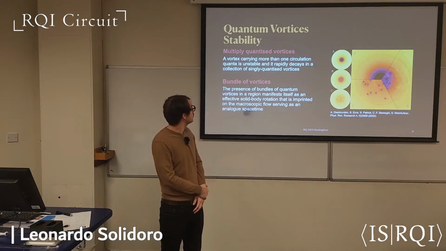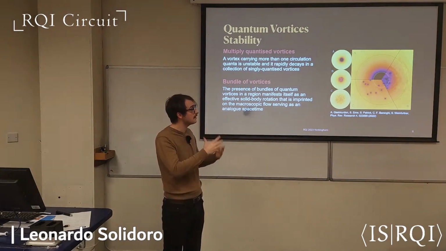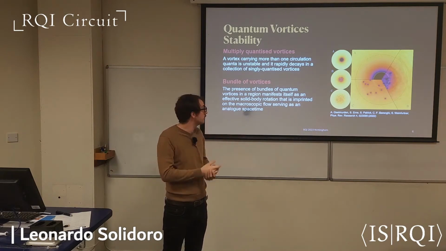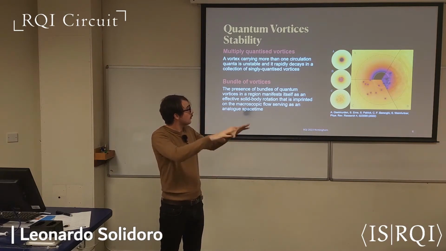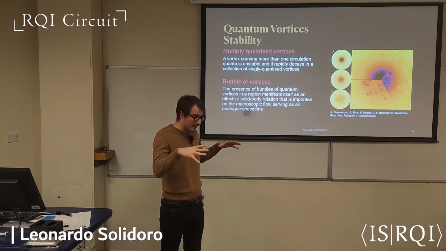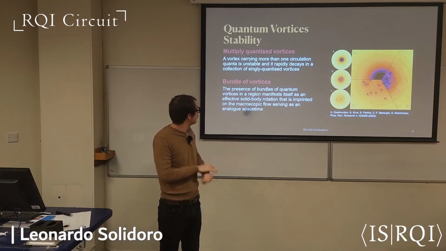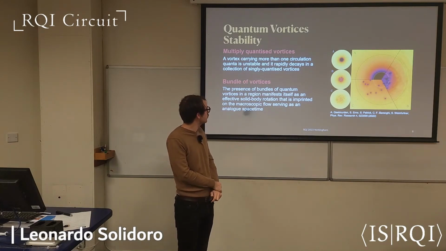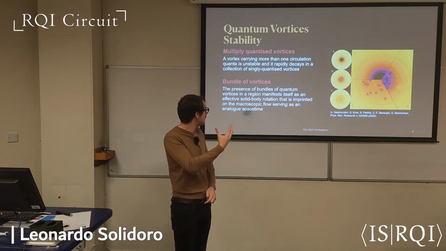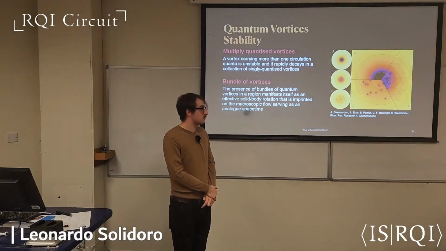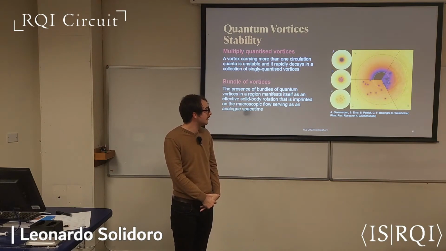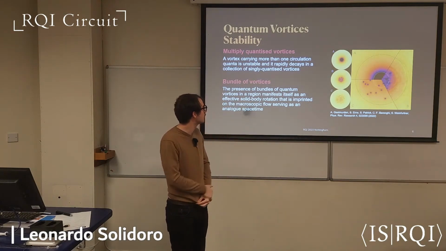This is quite unfortunate because they have their own dynamics, and they tend to repel each other and spread throughout the system. This is inconvenient for us because even if the surrounding flow is irrotational, the spreading of these quantum vortices imprints a solid body rotation on the system. So effectively, we can recognize the presence of such vortices as a solid body rotation imprinted in our flow.